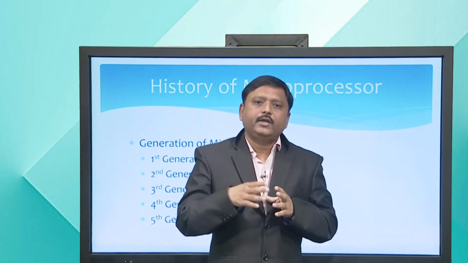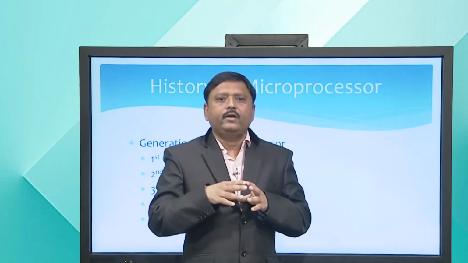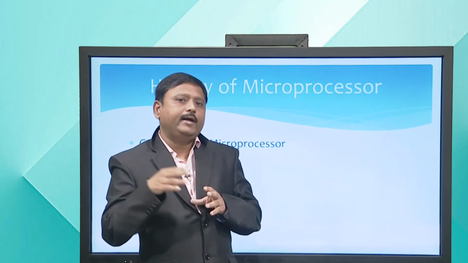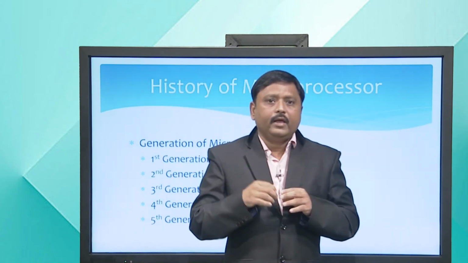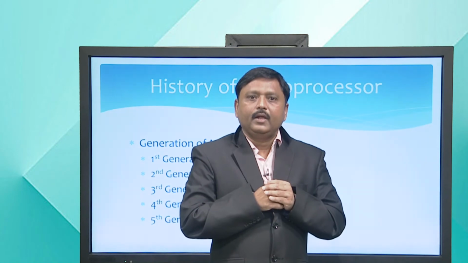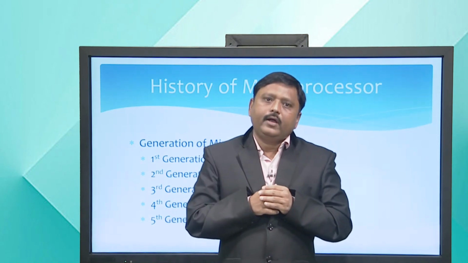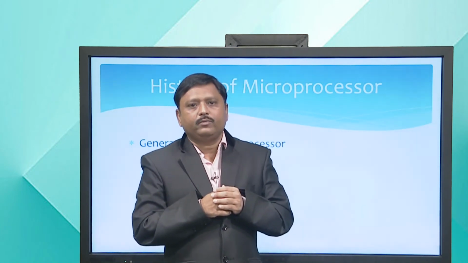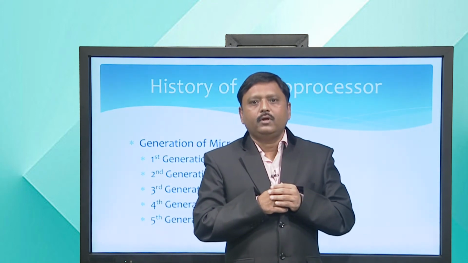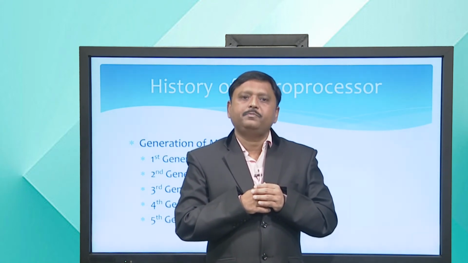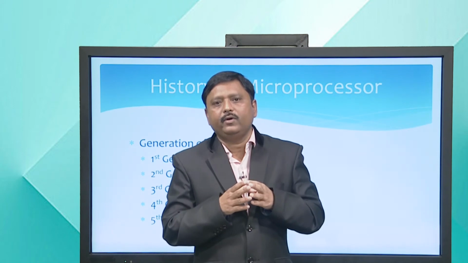The first generation was the period during 1971 to 1973 in microprocessor history. In 1971, Intel created the first microprocessor, 4004, that would run at a clock speed of 108 kilohertz.